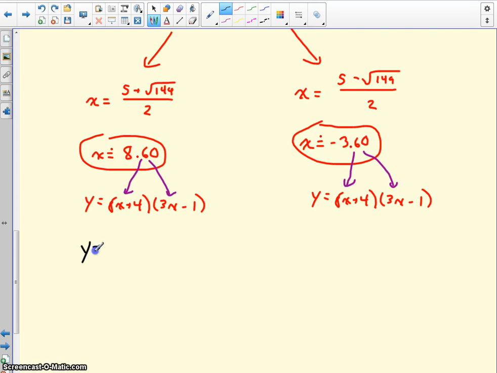So I'm going to have y equals (8.6 + 4)(3 times 8.6 minus 1). Work along with me as we do this. This is something you can easily do in your calculator as well.